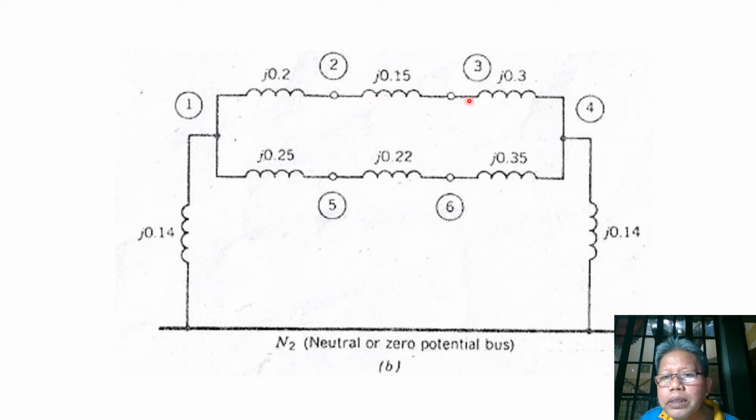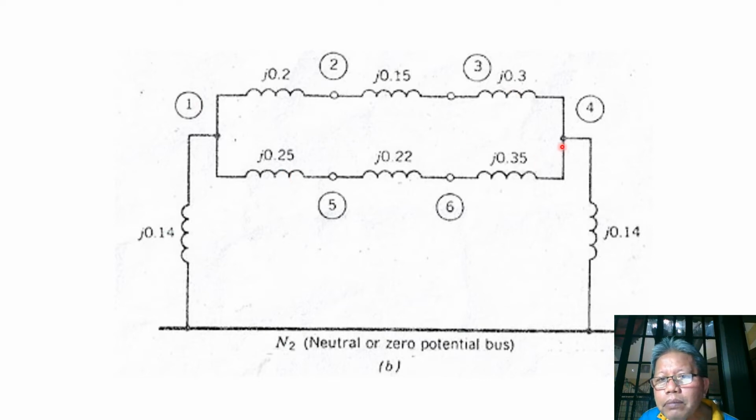Now between bus 3 and bus 4, we have transformer 2, which is YY connected. So the negative sequence current can also flow from the primary terminal to the secondary terminal. So we have this, and our transformer is represented by its negative sequence reactance of J0.3.